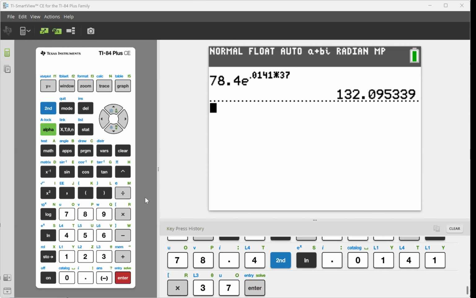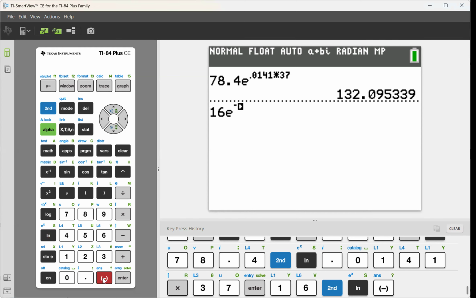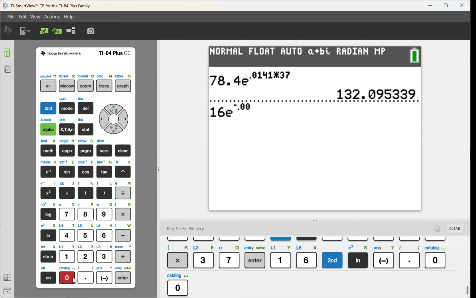So we have 16 times e to the, and we're going to need to make that negative, so use your negation key, 0.0000121 times 6,043.